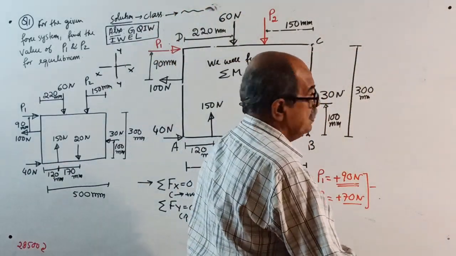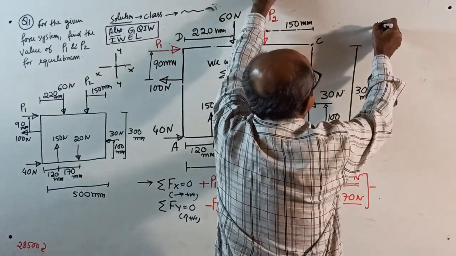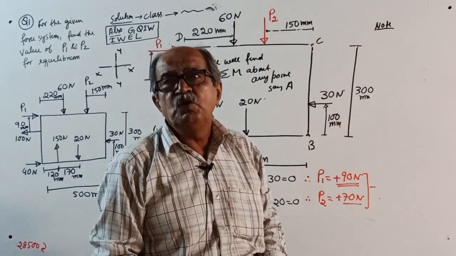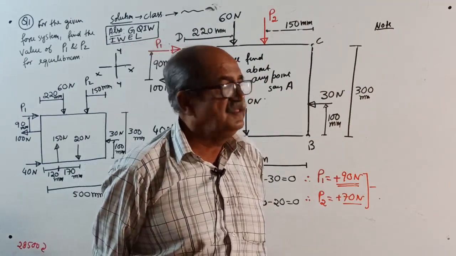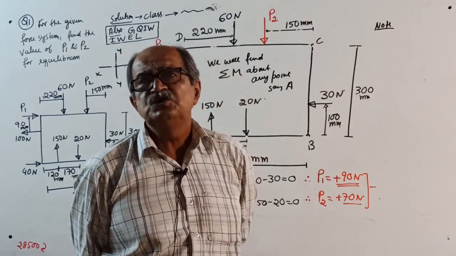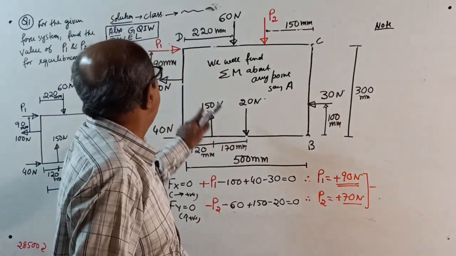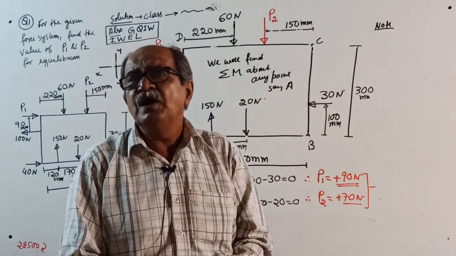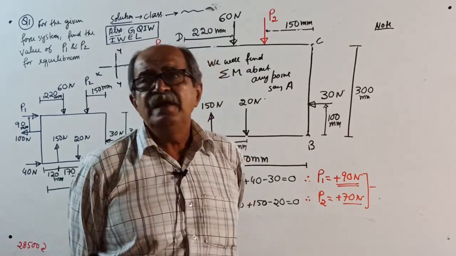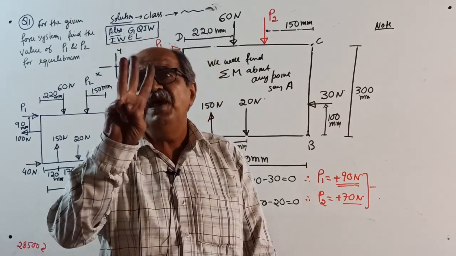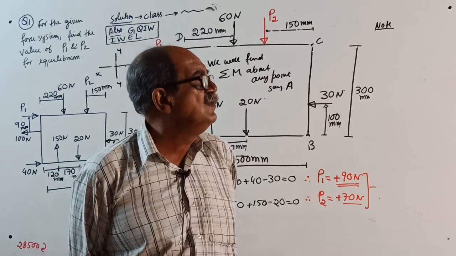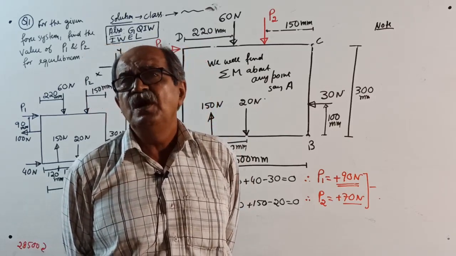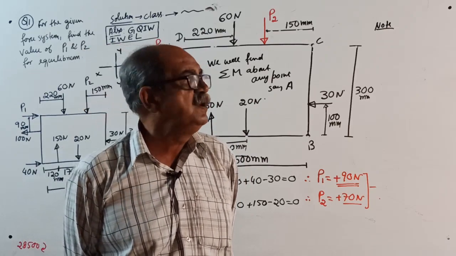Now, write a note. Important note. In the given question, we are asked to find unknowns P1 and P2 for equilibrium. It is a coplanar force system where, in general, there are three basic conditions of static equilibrium, namely sigma fx 0, sigma fy 0, and sigma m about any point equal to 0.